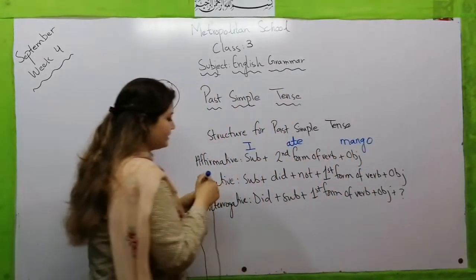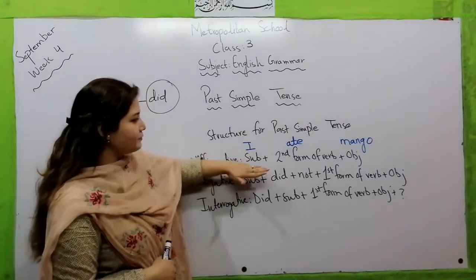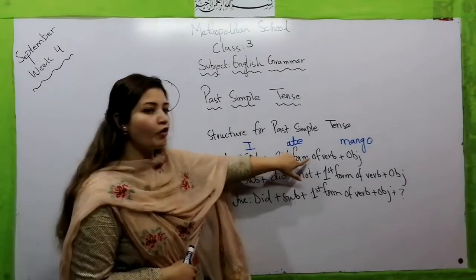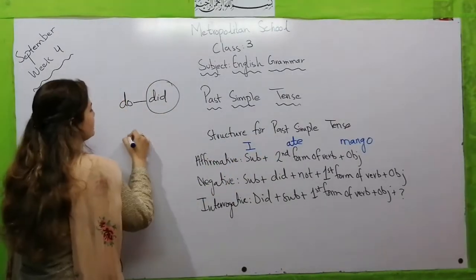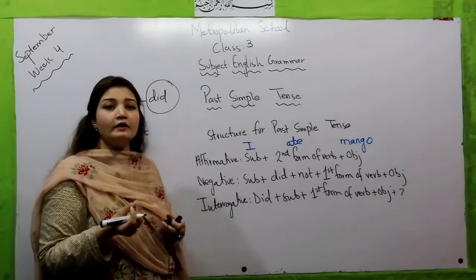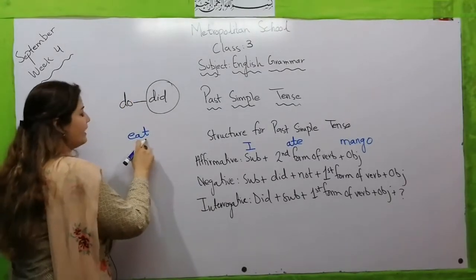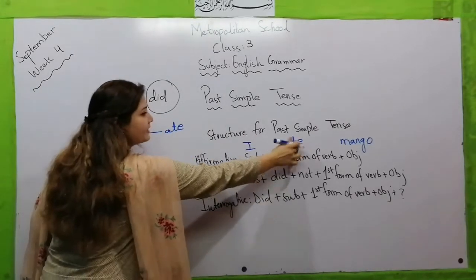So here you can see that in the affirmative sentence we have written a subject here, then the second form of verb. What was the verb in this sentence? The verb was eat. What do we call "खाया"? We'll call it eat, and the second form of eat is ate. So we wrote ate here.